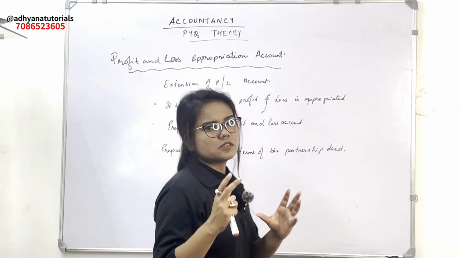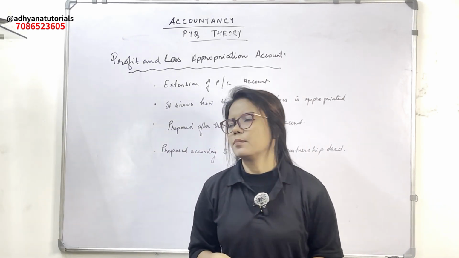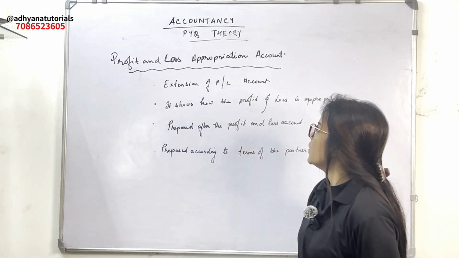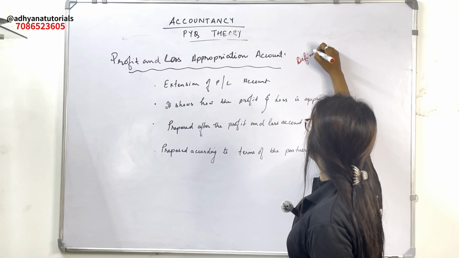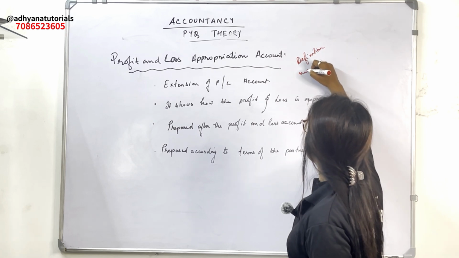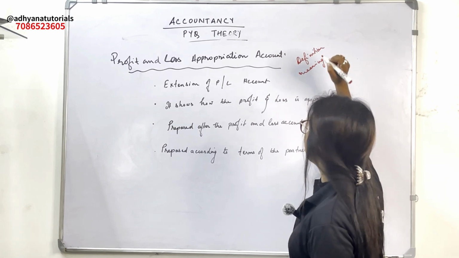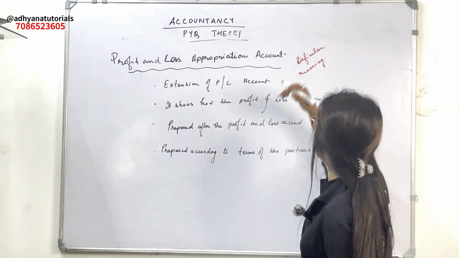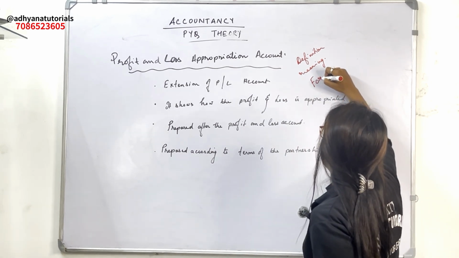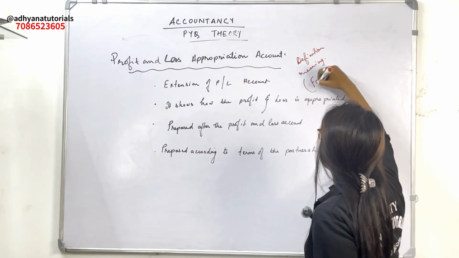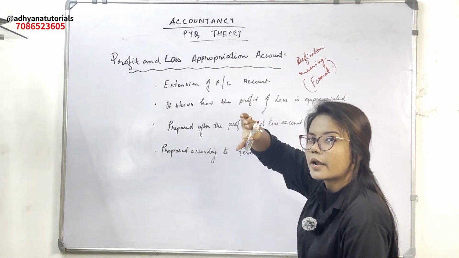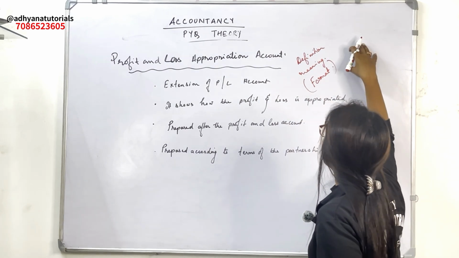I tried to just sum up the topic of profit and loss appropriation account. Please go through the definition, or I would say the meaning, of what is profit and loss appropriation account, and please go through the format. If I can cover it in any practical video I'll definitely do that for you.